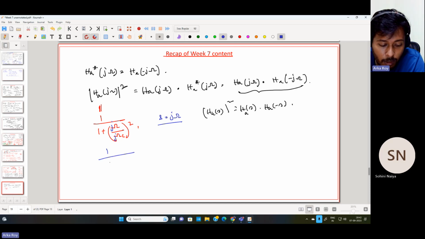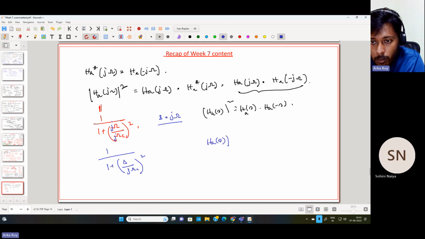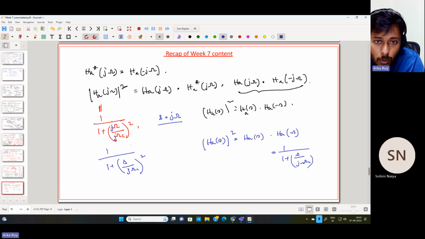Then I can convert this particular expression as (S/jΩc) whole squared. So Ha(S) Ha(minus S) is equal to 1 divided by 1 plus (S/jΩc) to the power, sorry, there was 2N. So this is 2N.